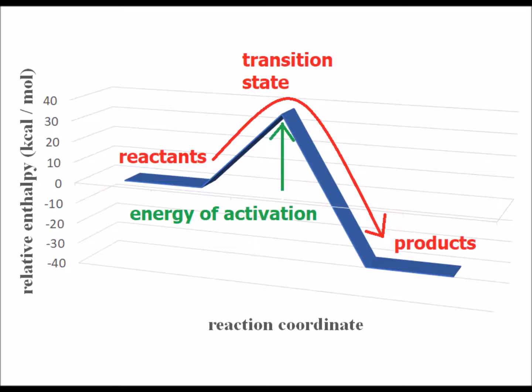The distance or height in energy required to go from reactants to the transition state is the energy of activation, which is shown in green in the diagram. The greater the energy of activation, the higher the hill and the slower the reaction. The lower the energy of activation, the lower the height of the hill, and the more rapid the reaction.